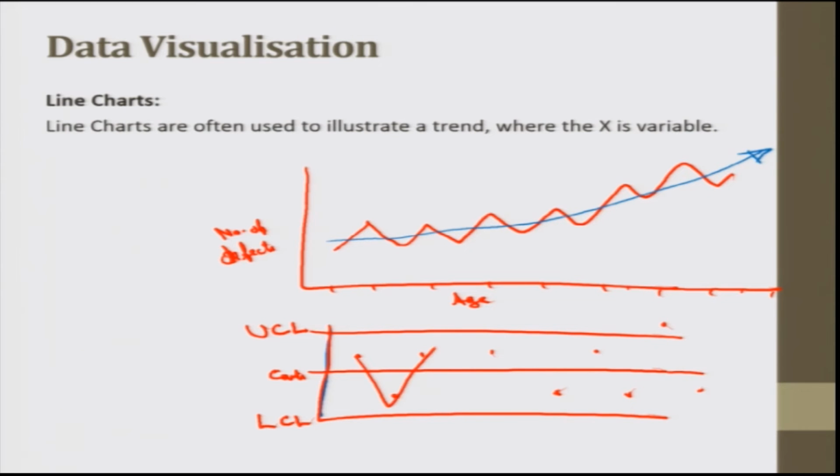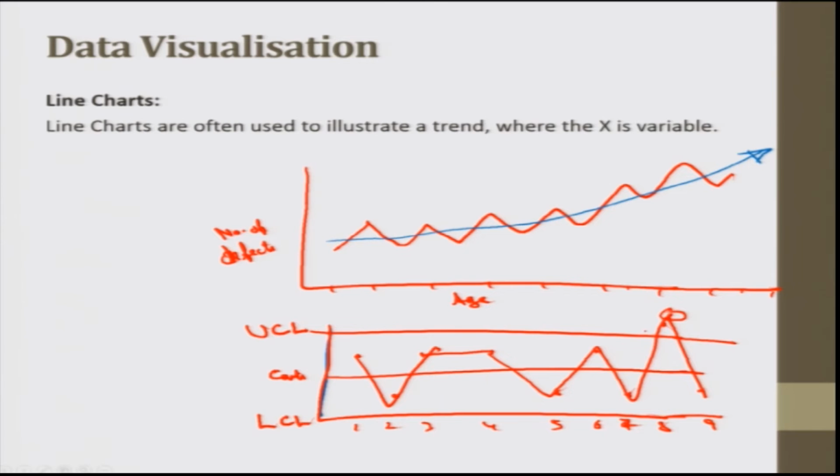Then if we draw this line diagram, we can see it is having this kind of trend. This is one outlier that has come, 1, 2, 3, 4, 5, 6, 7 and 8, that has come at the 8th location.